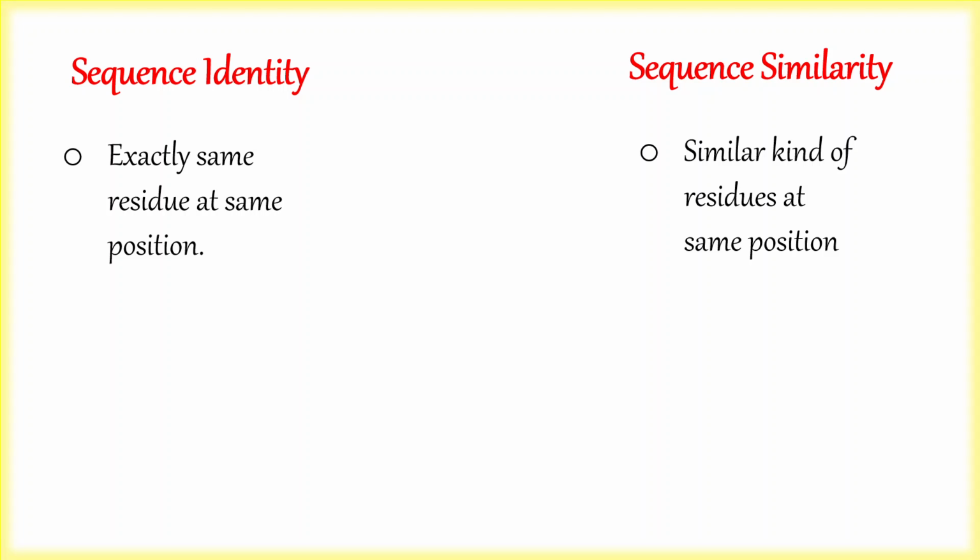It is not an identical substitution but a similar kind of substitution, because although the amino acid is different, one being aspartic acid and the other glutamic acid, they have similar physicochemical properties. For example, both of them are acidic hydrophilic amino acids. So I hope you got the meaning of sequence identity and sequence similarity and where these two terms must be used.